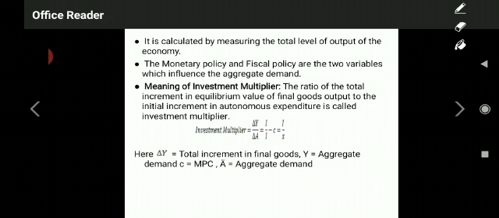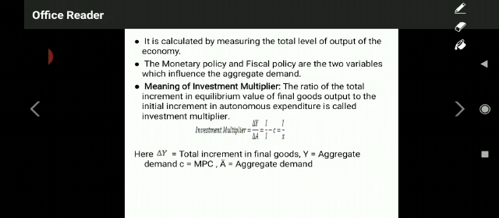The increase in the output of final goods always depends upon the initial increment in the autonomous expenditure. As autonomous expenditure goes on increasing, it influences an increase in the value of final goods, for example.